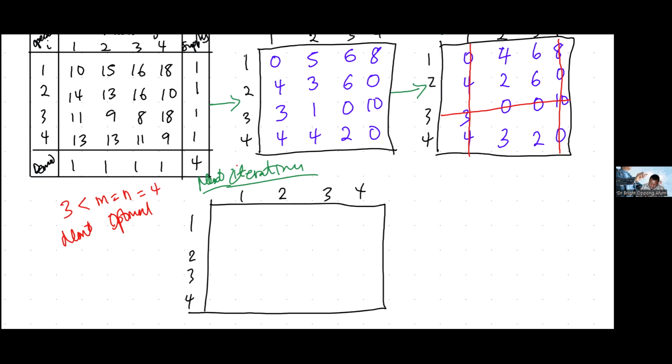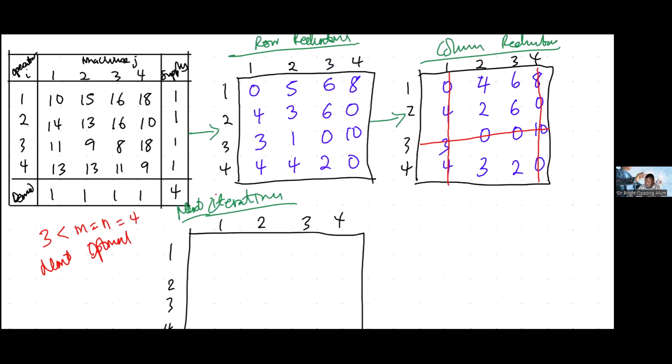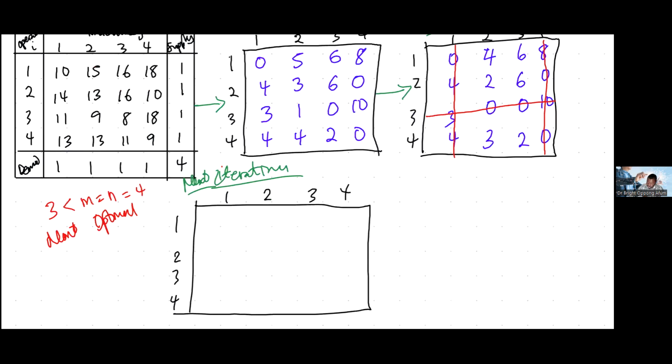Actually, the minimum I have here is 2. So I subtract 2 from all the uncrossed.